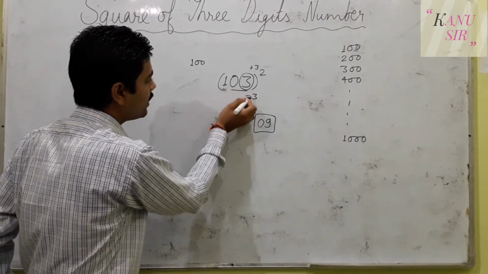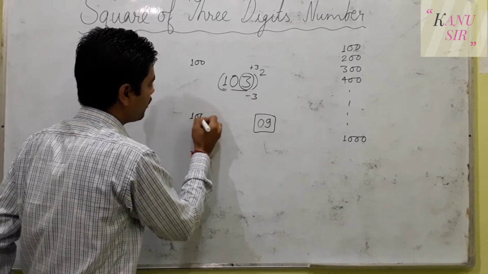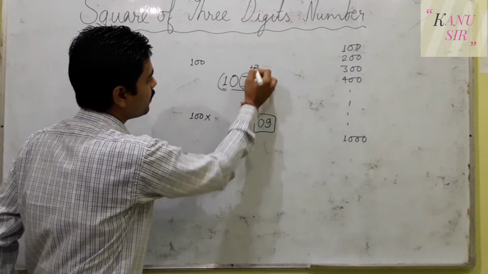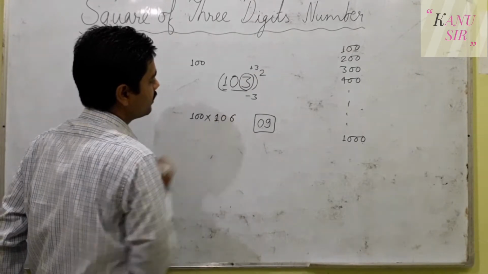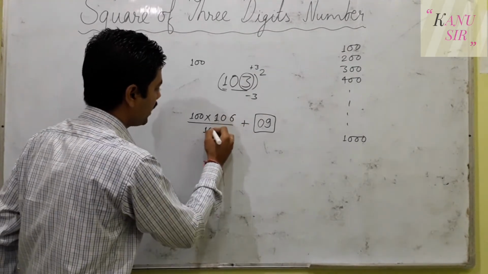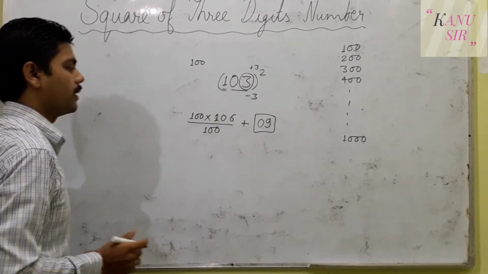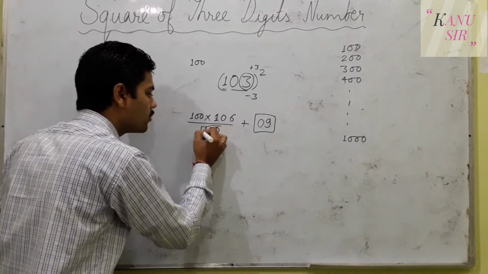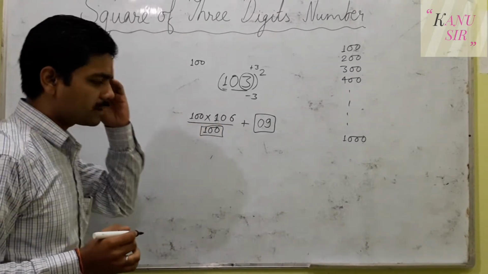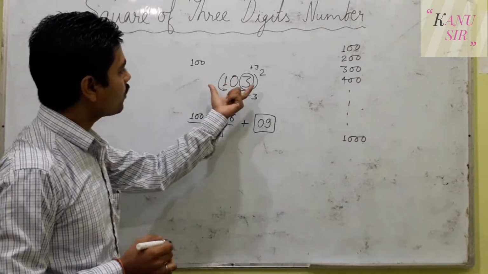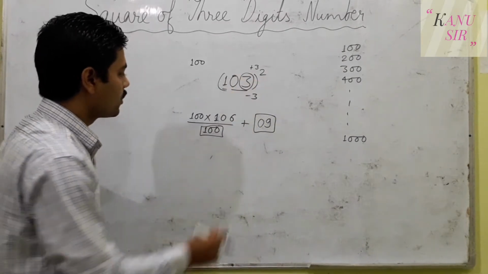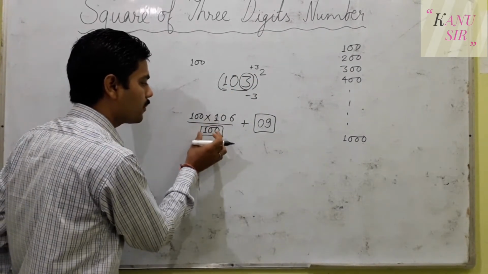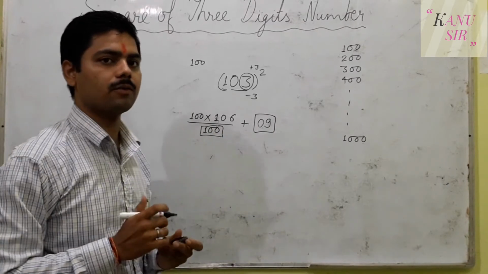Then 103 minus 3 will get 100, and 103 plus 3 will get 106. We have to divide it by 100. It is a formula you must memorize. You must keep in your mind that you are going to do the square of a 3-digit number. So you have to take the starting 3-digit number of it.